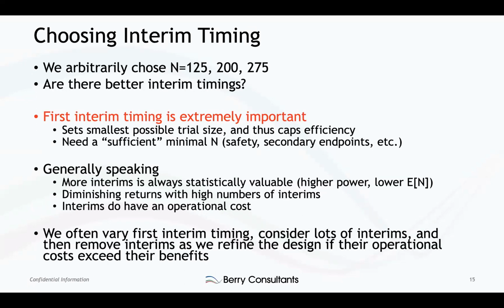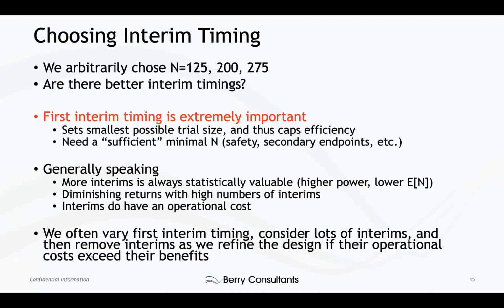Let me add here. A lot of times the value of a trial is more than the power and expected sample size, especially to an industry sponsor. You're interested about time to market. If we're working in a pandemic, we want to make sure we try to cure COVID as fast as we can. All of these things are going on.